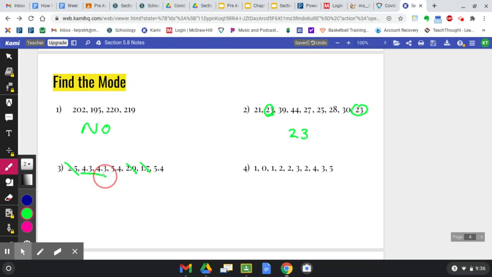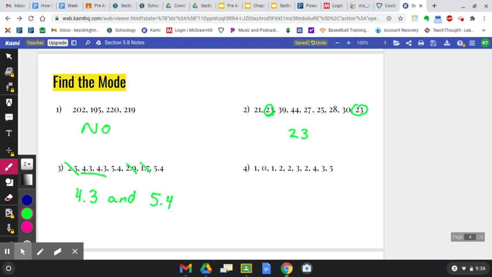However, 4.3 occurs twice, and 5.4 occurs twice. So those occur the most in that set. So 4.3 and 5.4 would be the mode. You could have multiple modes.